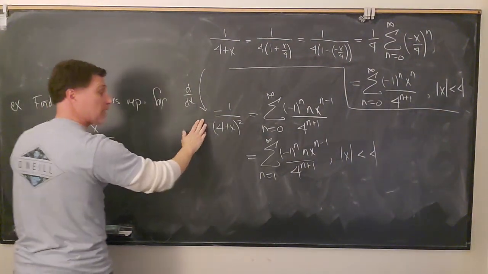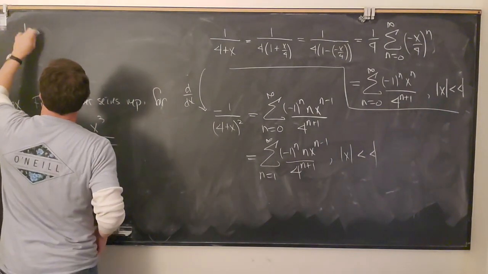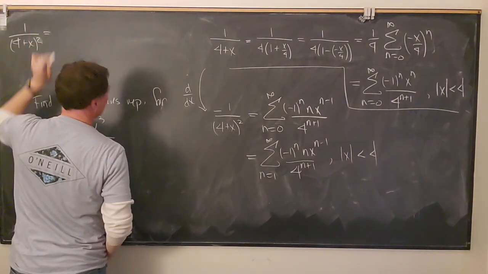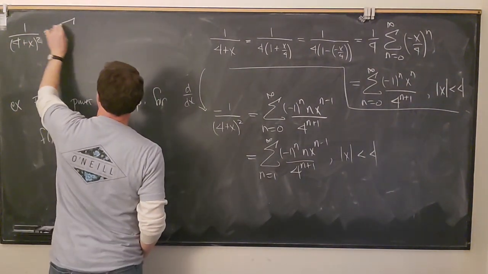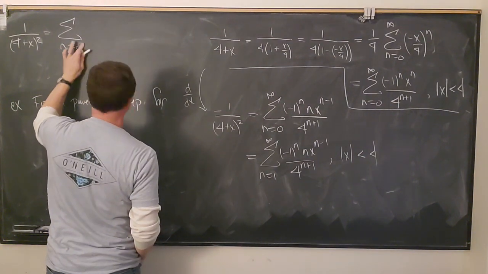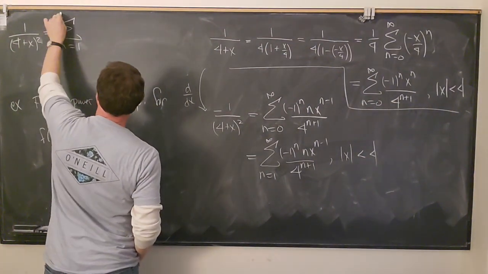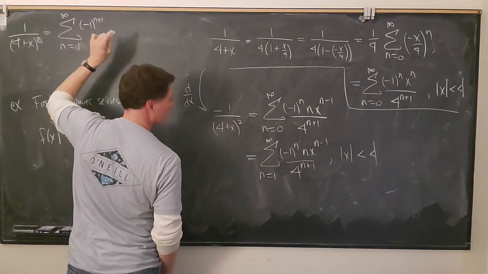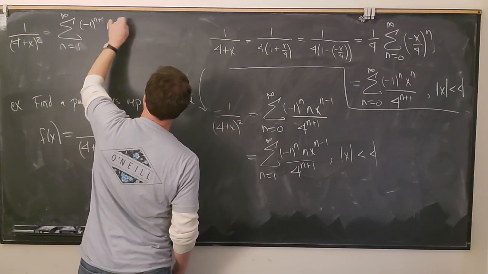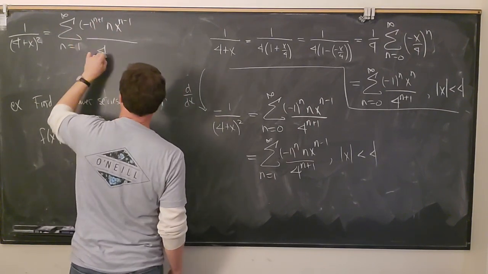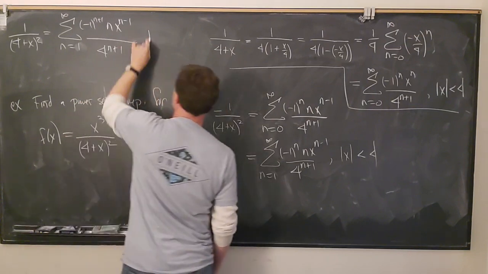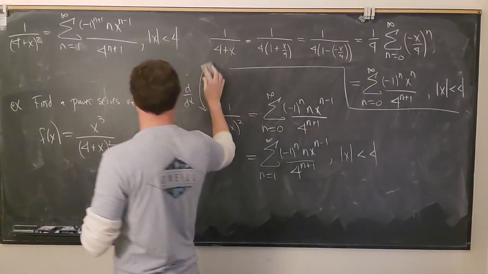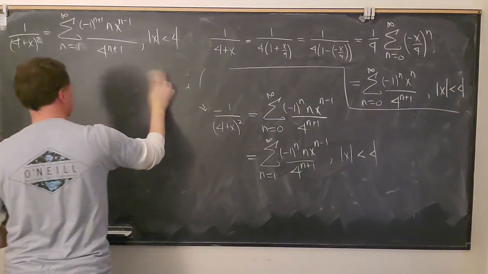If I multiply both sides by a negative 1, we get 1 over 4 plus x quantity squared equals the sum n equals 1 to infinity of minus 1 to the n plus 1, n x to the n minus 1 divided by 4 to the n plus 1. Still have a radius of convergence of 4. Last step, I'm going to multiply by x cubed. That's not going to change the radius of convergence either.